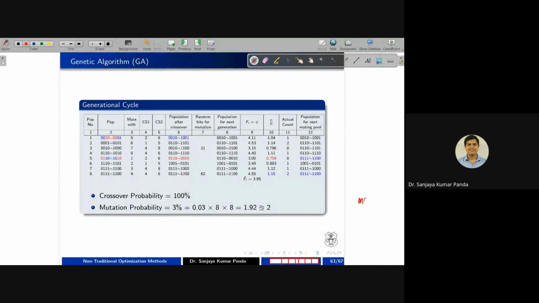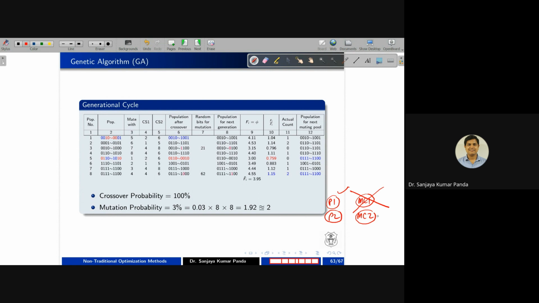So you can see after doing this particular process, you got 2 children. I can write that as modified children 1, modified children 2. Parent 1 is there, parent 2 is there. After crossover and mutation, we got modified children 1 and modified children 2. So I will check the fitness of modified children 1 and modified children 2 and compare with P1 and P2 respectively. If P1 is better, then I am going to discard modified children 1.